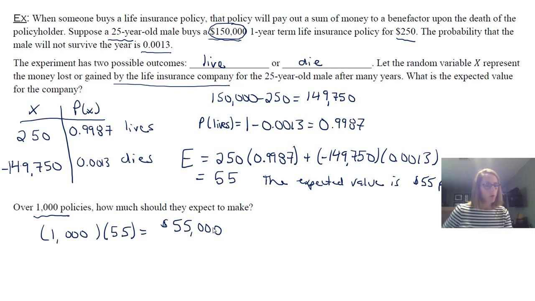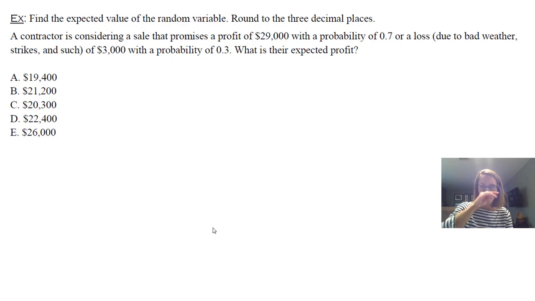Okay, so what I want you to do is we have one more of these. So a contractor is considering a sale that promises a profit of $29,000 with a probability of 0.7, or a loss, because that could happen, look at the life we're living right now, of $3,000 with a probability of 0.3. What is their expected profit?